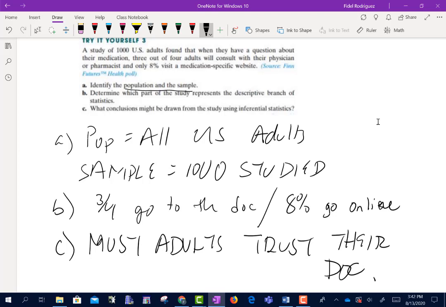So guys, 3/4 is 75%. Think about it: out of 4 quarters, if you got 3, you got 75 cents. So 75% of the people are going to go to the doctor. Only 8% of them are going to go online. So most people, apparently, trust their doctor. Let me go see what the doctor's going to say. They're not going to go to WebMD and try to diagnose themselves, which you probably should not do anyway. You're really sick, go see the doctor.